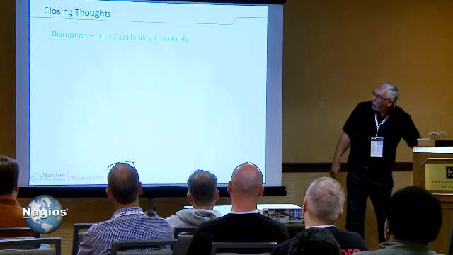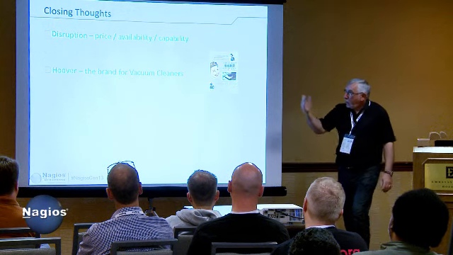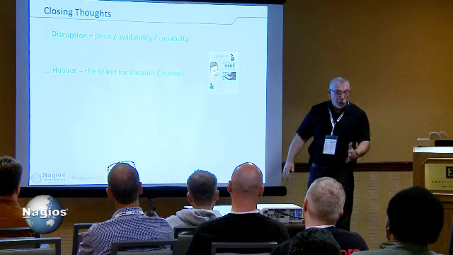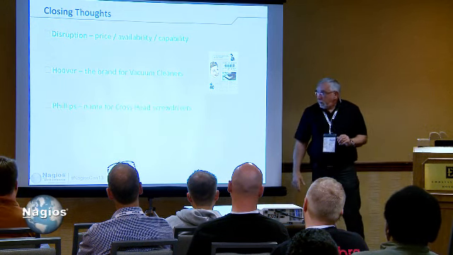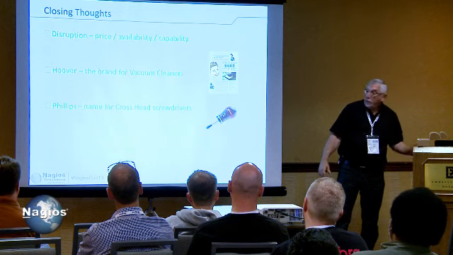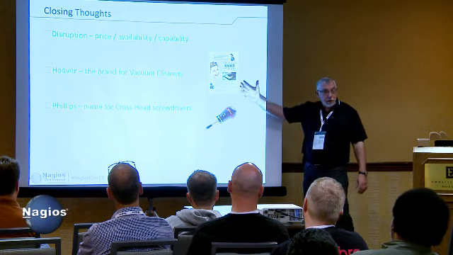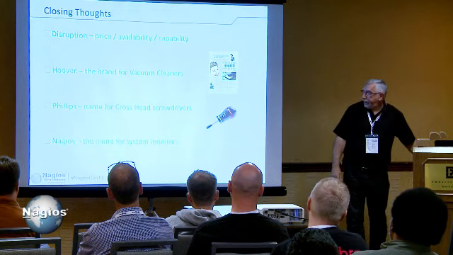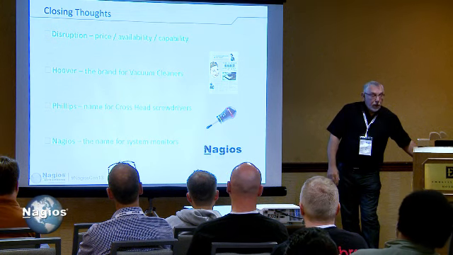So, what I would like to think is, over time, Hoover became, you know, the name. You don't say vacuum cleaner anymore, you say Hoover. Then Philips, you don't say crosshead screwdriver, you say Philips screwdriver. So that brand owns that. So why can't we have Nagios, the system monitor?